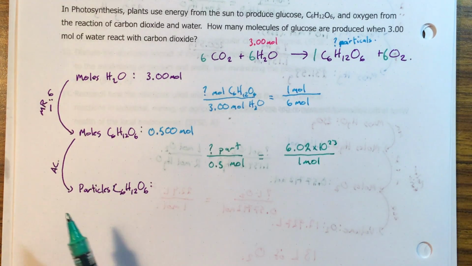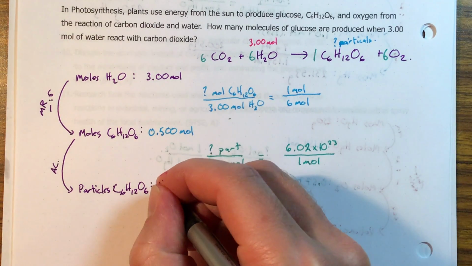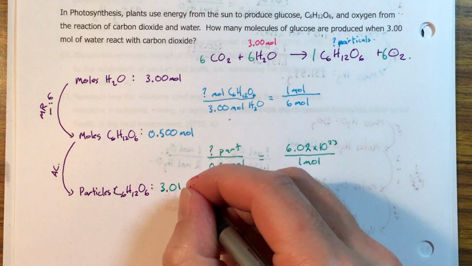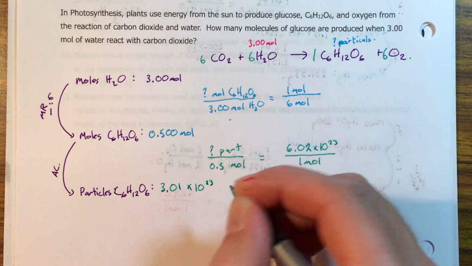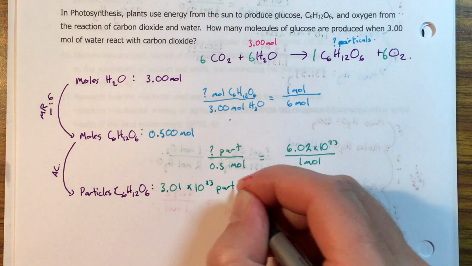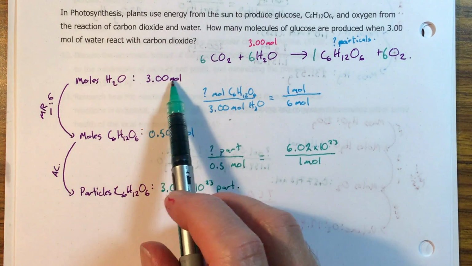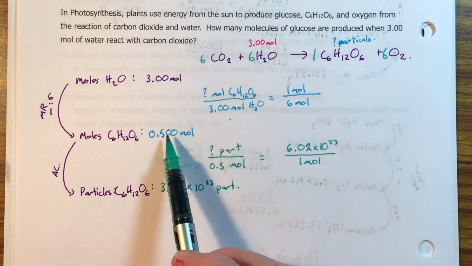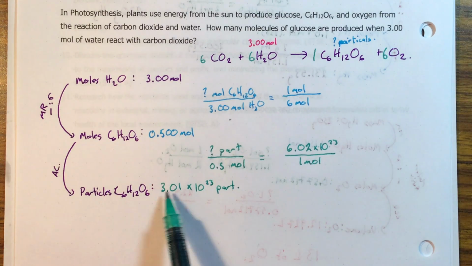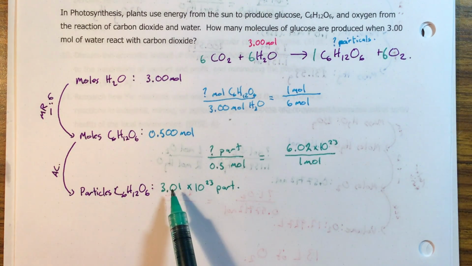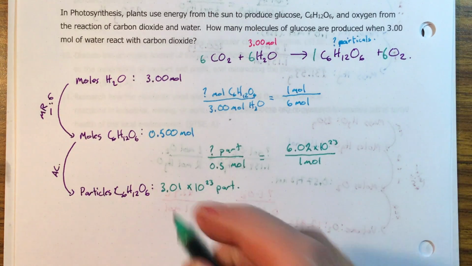So we do 0.5 times that, and we are going to get an answer of 3.01 times 10 to the 23rd power particles. Now, this guy had 3 significant figures, so I kept this guy to 3 significant figures, and then this guy also has 3 significant figures. There's our answer.